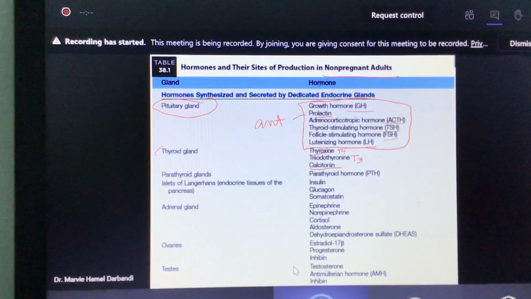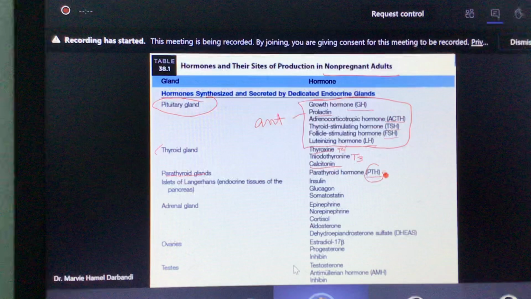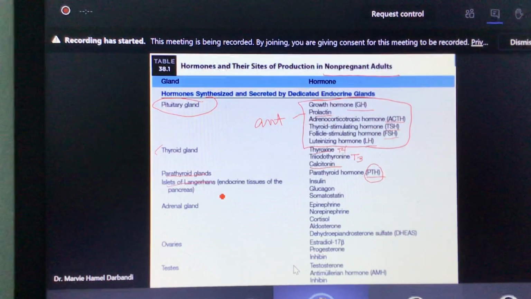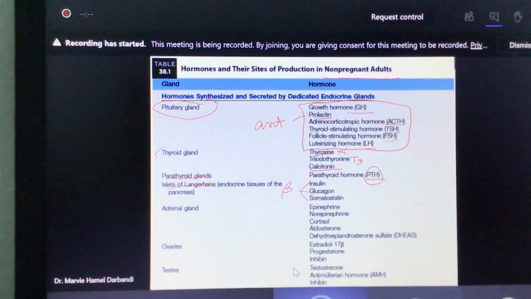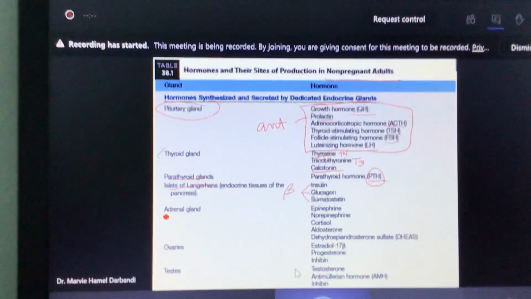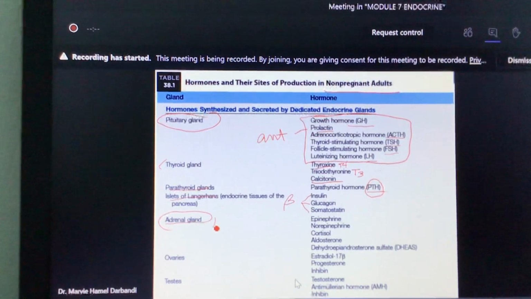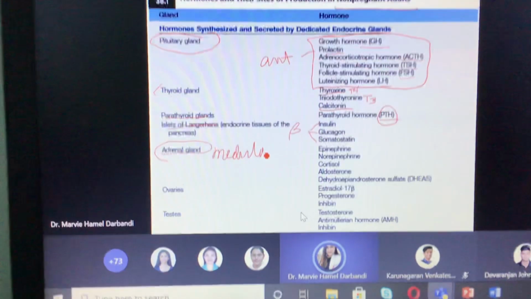The parathyroid gland, which is located at the back of the thyroid, secretes parathyroid hormone. I think you already encountered this in the renal. The islets of Langerhans, especially the beta cells, secrete insulin, glucagon, and somatostatin. The adrenal glands, located on top of the kidney, especially the medulla, secrete epinephrine and norepinephrine.